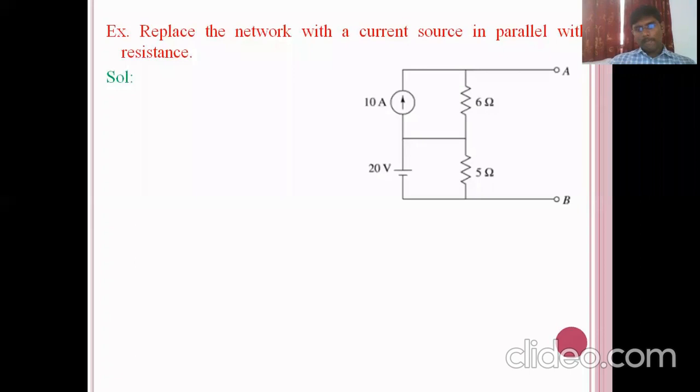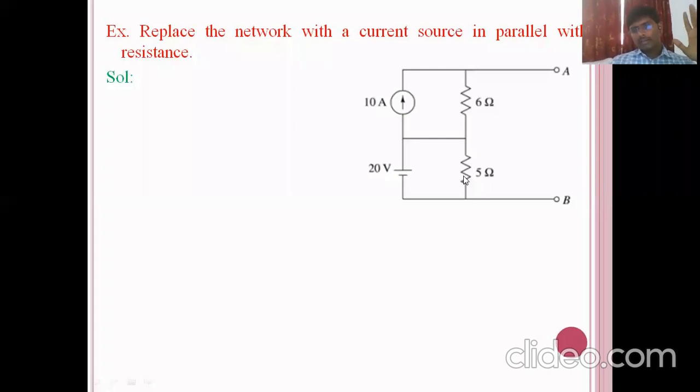If you closely observe this network, it consists of two sources and two resistances. Consider this part of the network, which consists of 10 amps in parallel with 6 ohm. This equivalent seems to be a current source. Coming to the second part, 20 volt in parallel with 5 ohm.